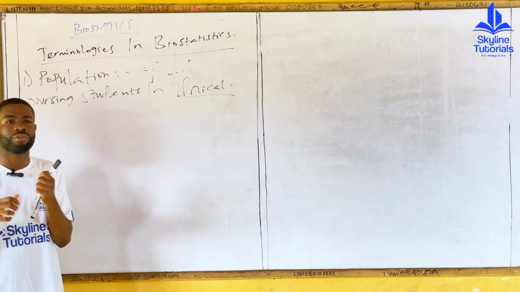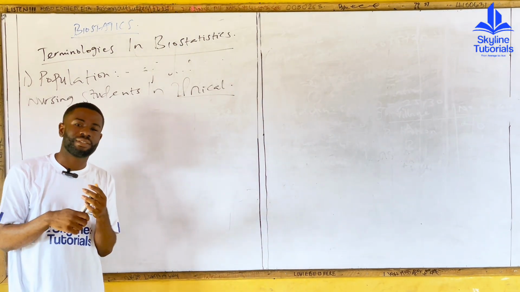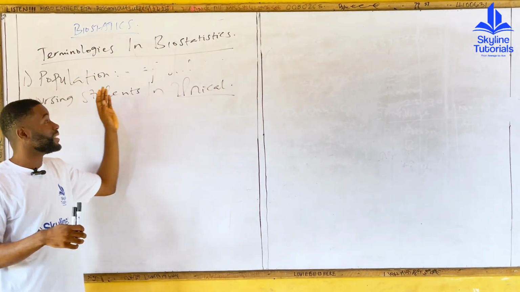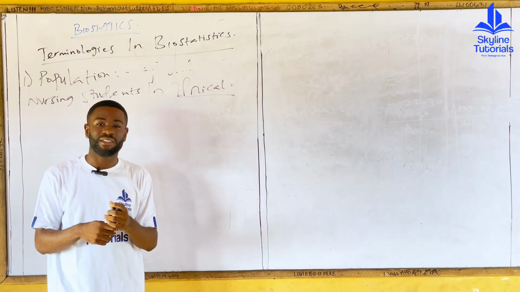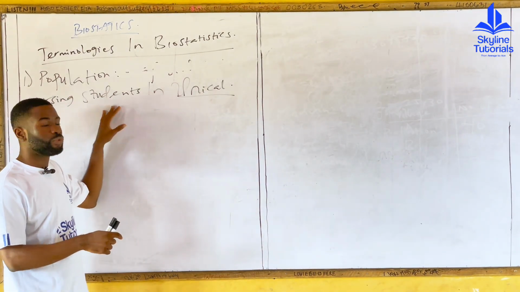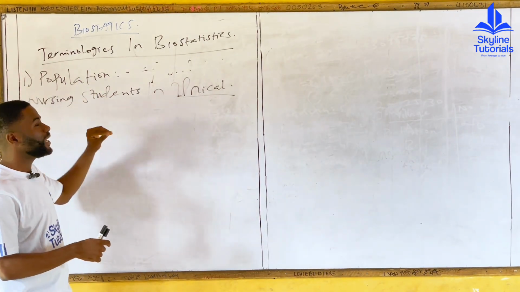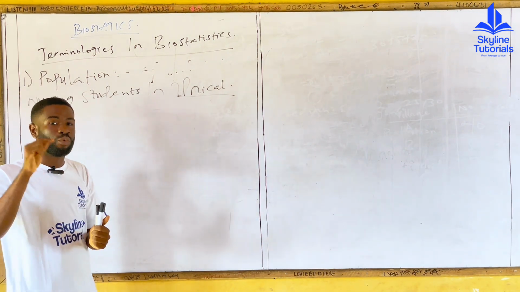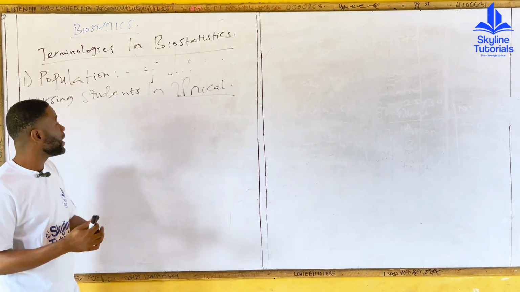That's a population. You cannot examine every nursing student in Unical for a particular research, but your concern is nursing students.